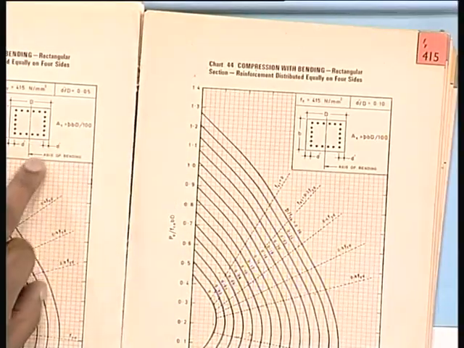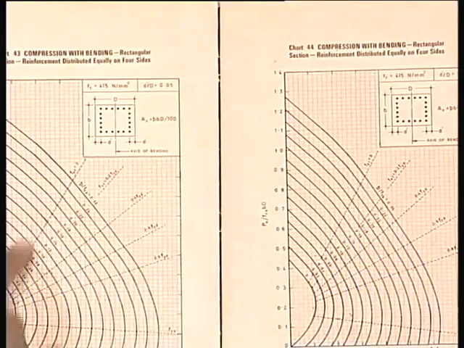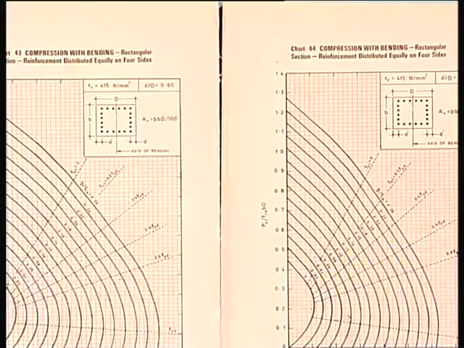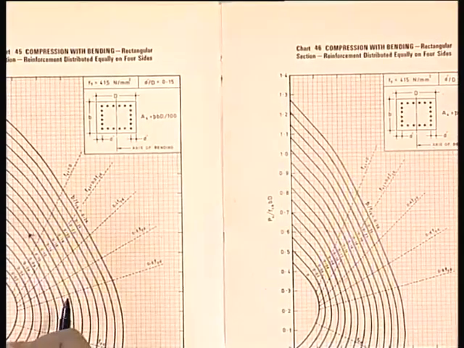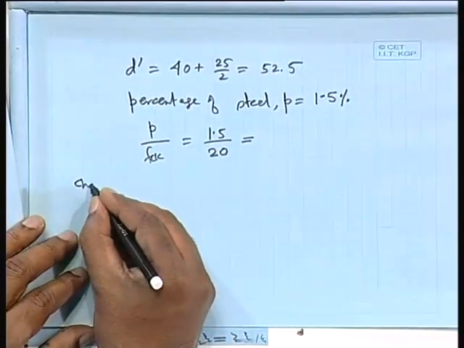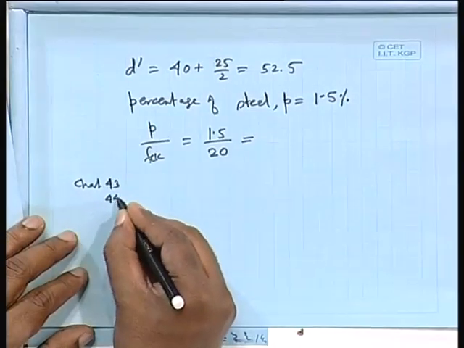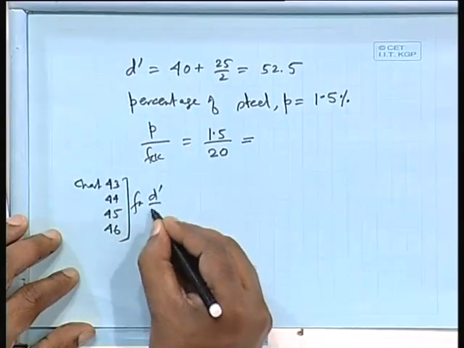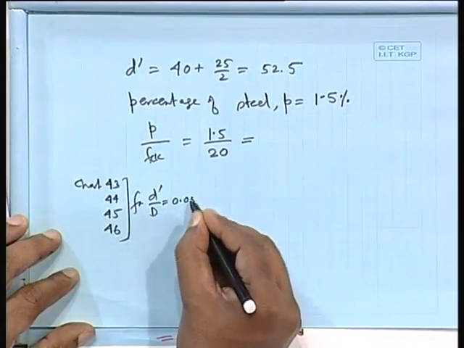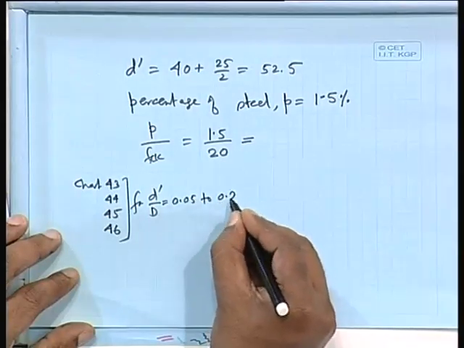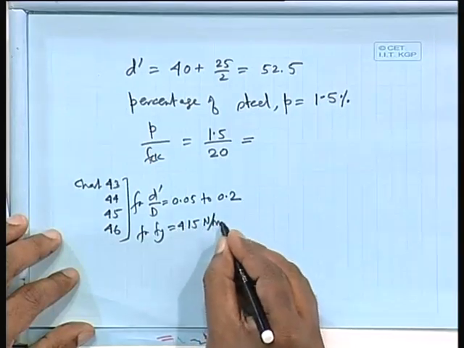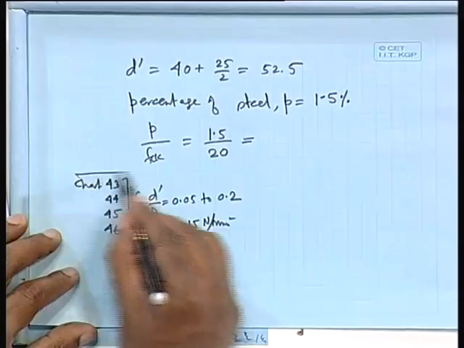Our charts are chart 43, 44, 45 and 46, for d dash by d equal to 0.05 to 0.2, for fy equal to 415 Newton per square millimeter. We shall provide this.